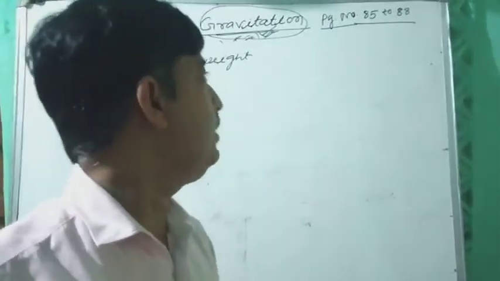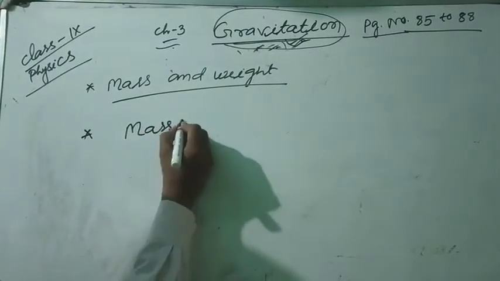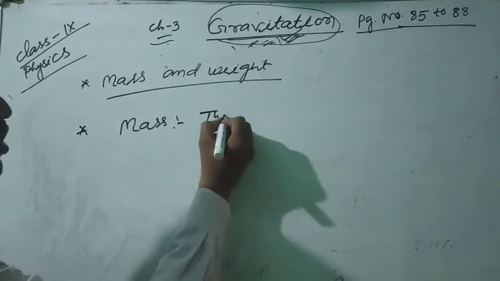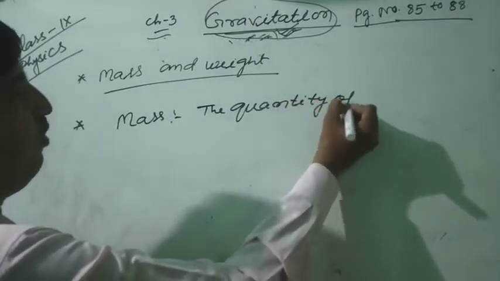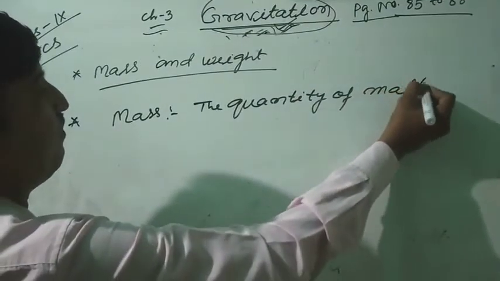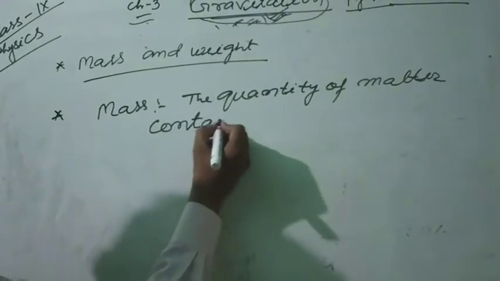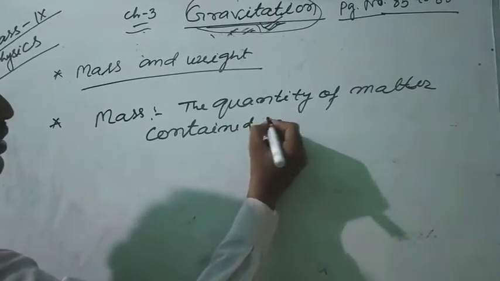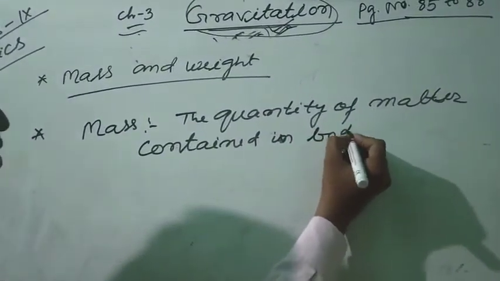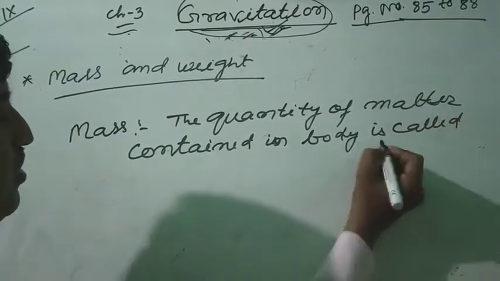Now let us discuss the second topic, mass and weight. Let us start with mass. What is mass? The quantity of matter contained in a body is called mass.